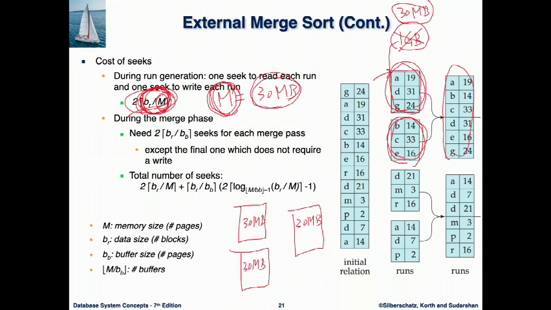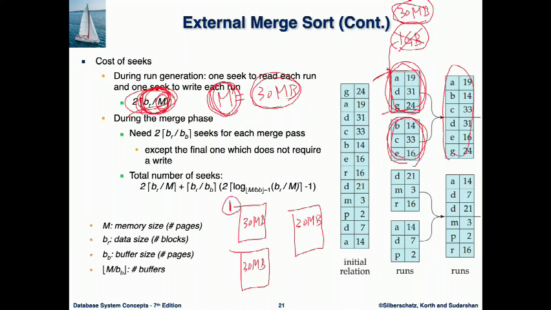You move to the beginning of this file and you read all of the records occupying 30 megabytes of space on disk. You can read the data consecutively while keeping them in main memory. So 1 disk seek is needed to fully cover this run.